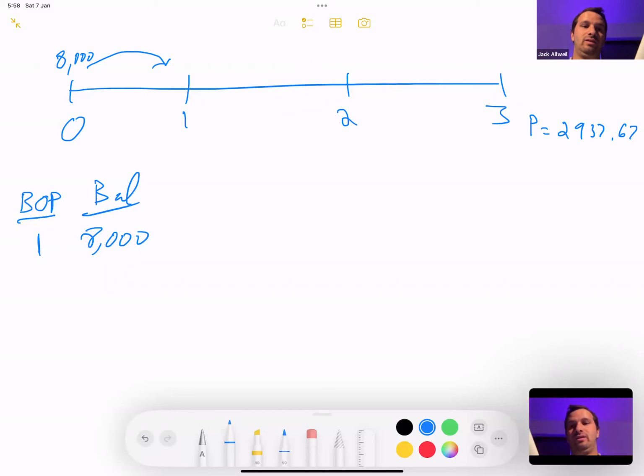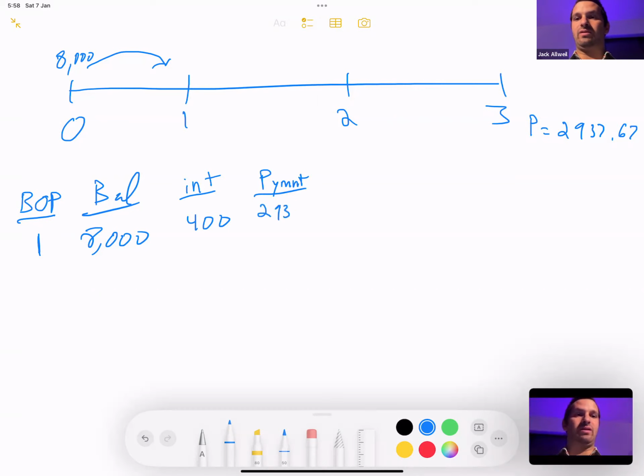So 8,000 times 0.05, the interest that accrues is 400. So the balance is really going from almost 8,000 to 8,400, and then the payment occurs, of this 2,937.67, at the end of period.